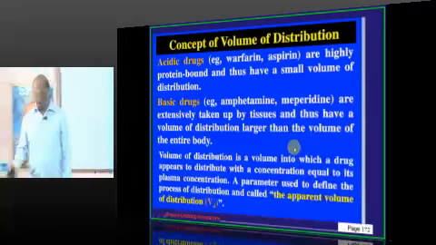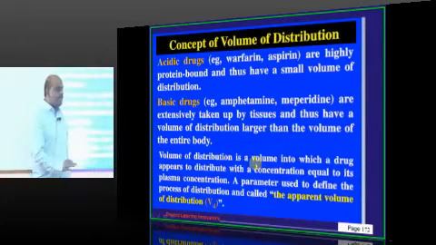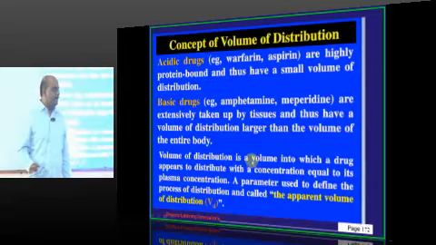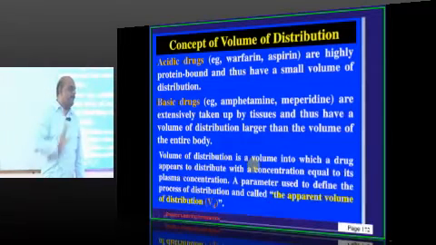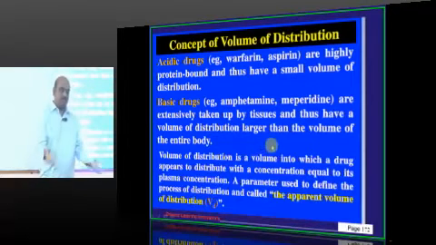Now doctor, any factor that retains a drug inside the plasma, will it increase the VD or will it decrease the VD? It will decrease the VD because more of it is retained in plasma.